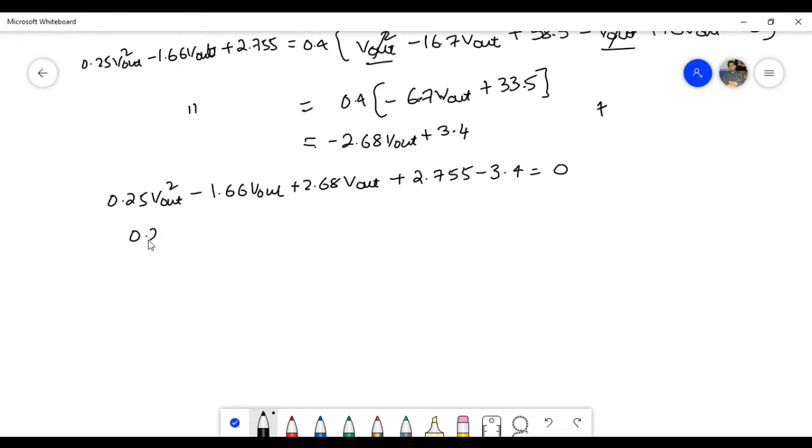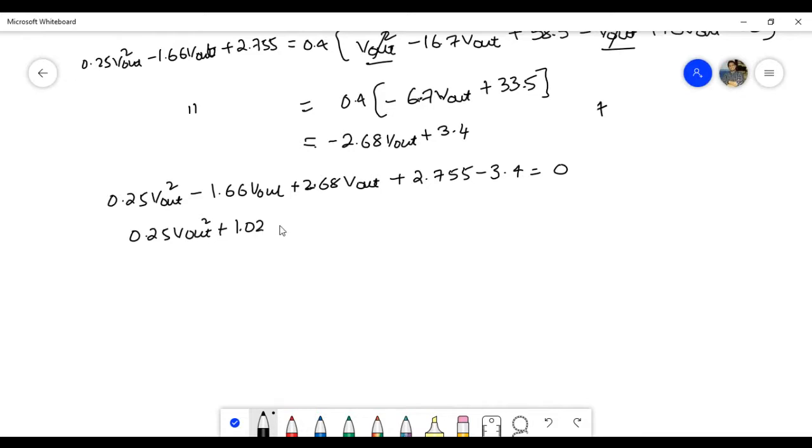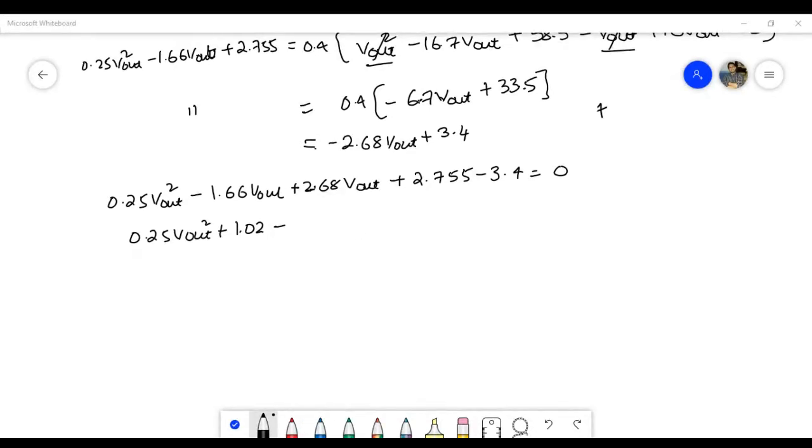Just tell me this: 0.25 V out square plus 2.68 minus 1.66 will be 1.02. Then 2.755 minus 13.4 will be minus 10.645.